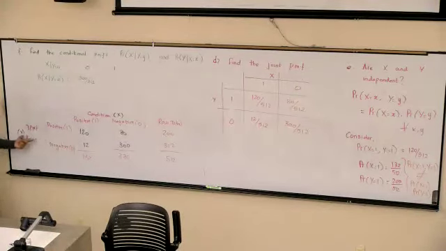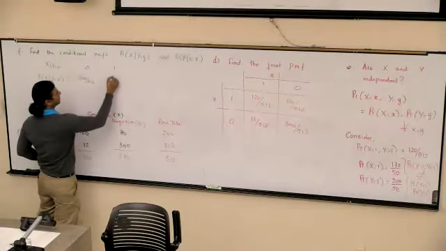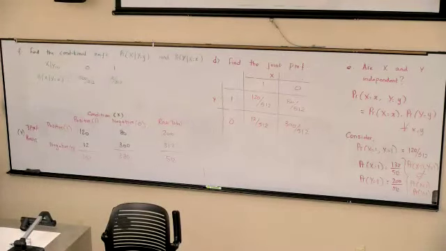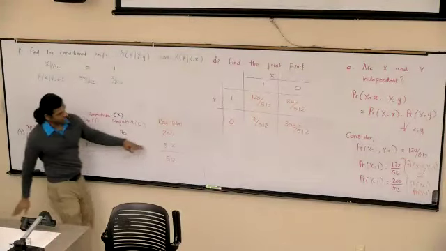Conditioned on y equals 0, we will have 12 divided by 312. No, 312. Conditioning on this case.